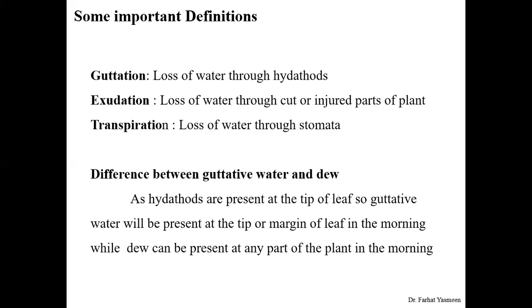So guttative water should come from the hydathodes, and as hydathodes are present on the tips or margins of the leaves, guttative water will only be present on the tips or margins of the leaf in the morning, while dew could be present on any part of the leaf.